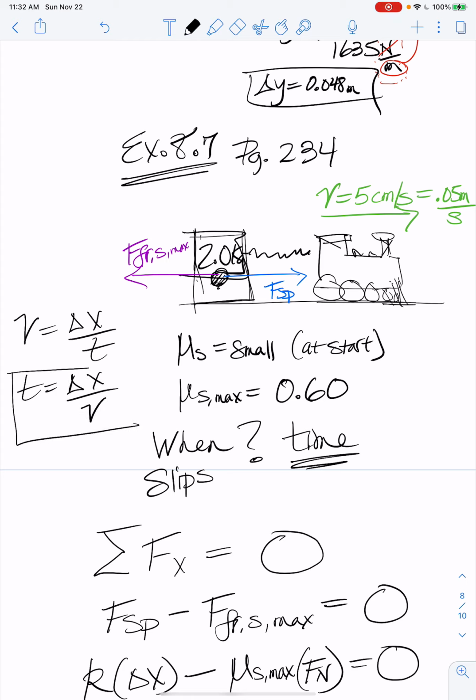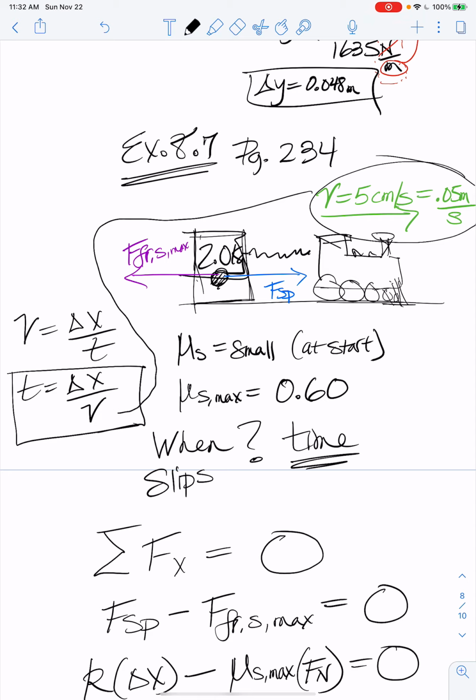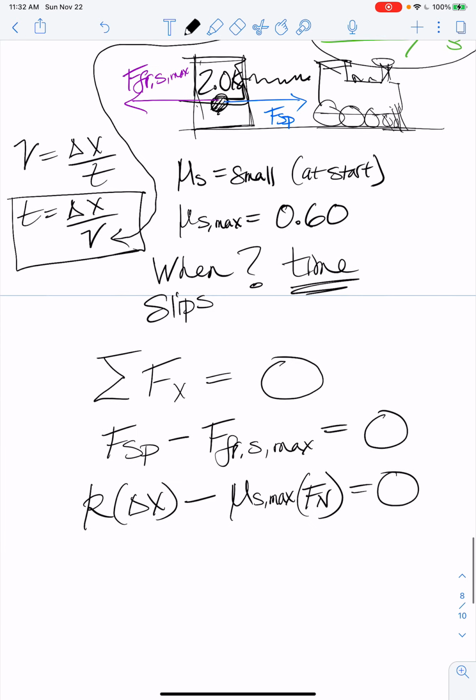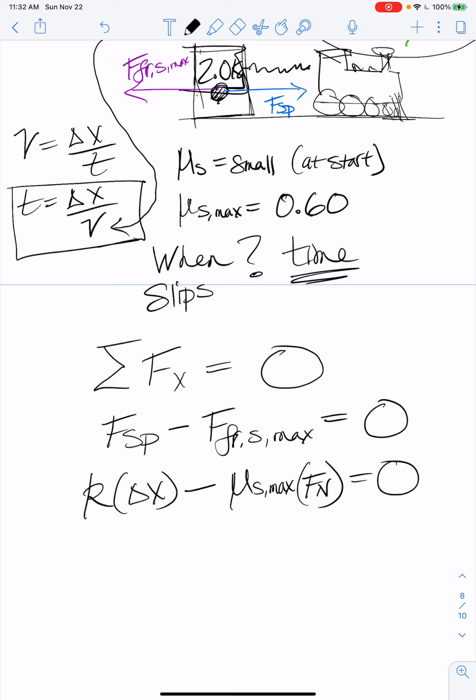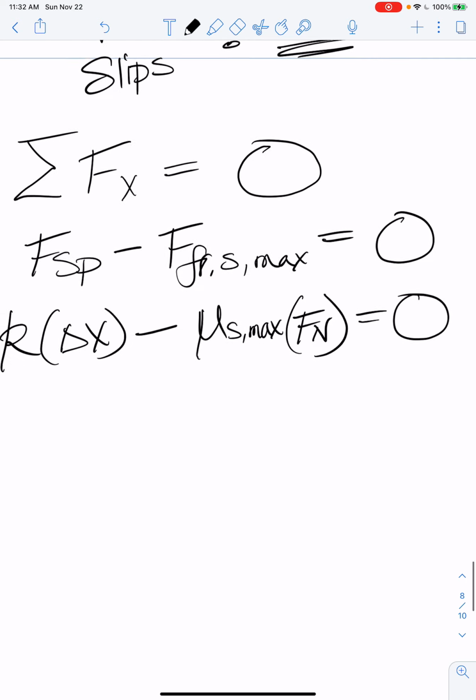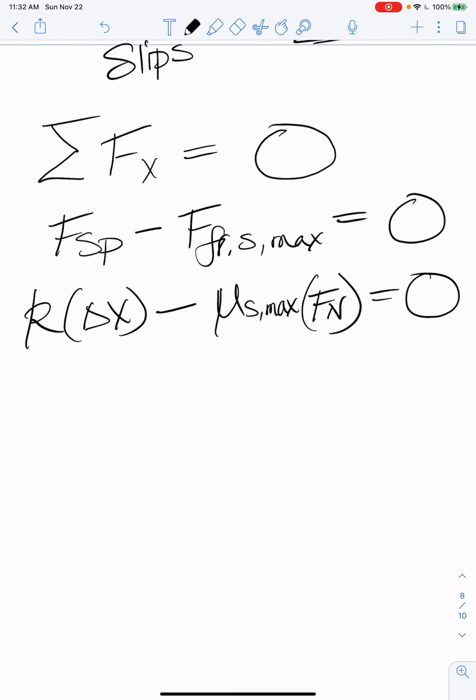So we can use that to find the time, right? Because we know this can be our v value if we have delta x for this non-accelerated motion of this train. That's how long it takes the train to reach this delta x value, which we can get from here.